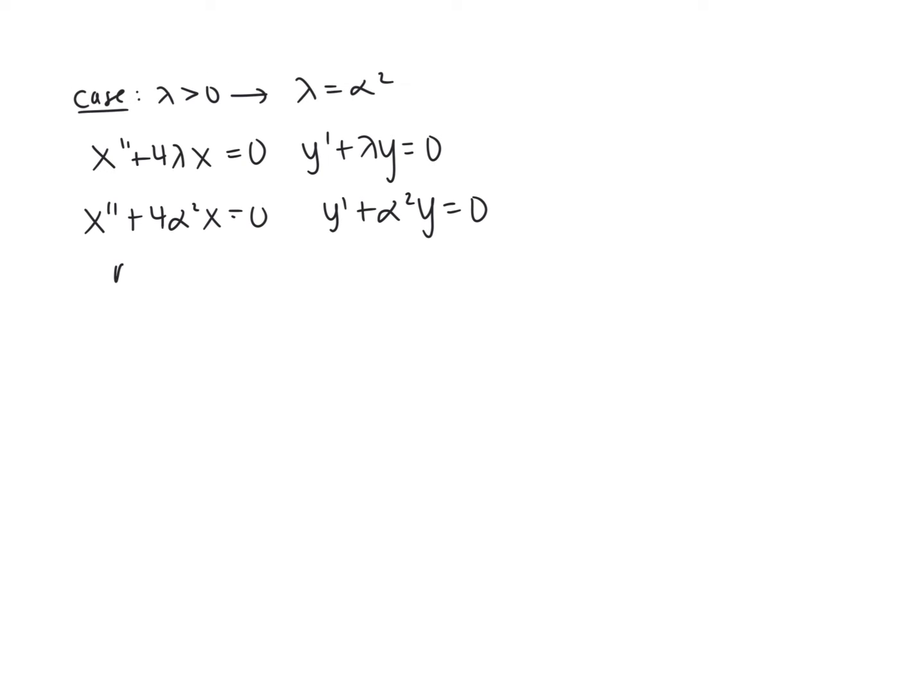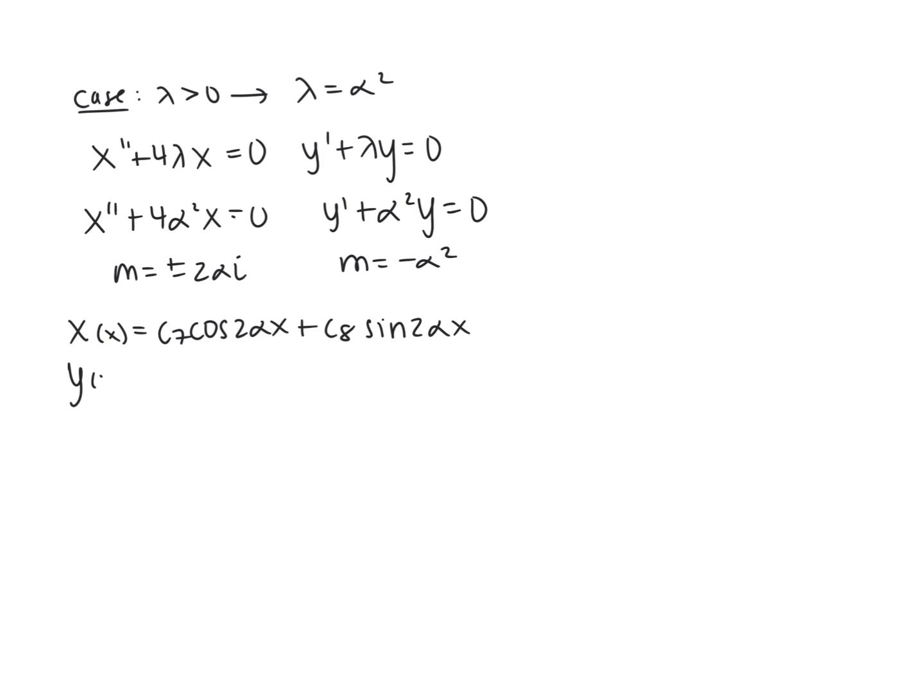So finding our roots, first equation, we get plus or minus 2 alpha i. Second equation, we get negative alpha squared. So what that gives us then, our solution x in terms of little x is going to be c7 cosine of 2 alpha x, add c8 sine of 2 alpha x. And our solution big Y of little y is c9e to the negative alpha squared y.